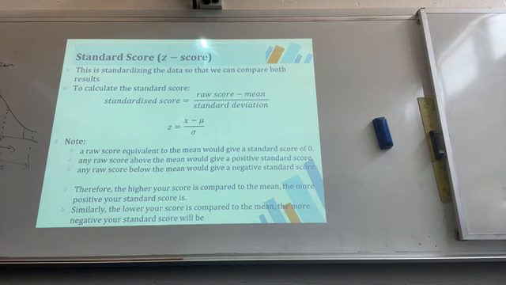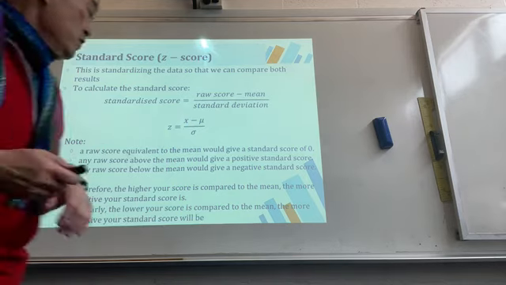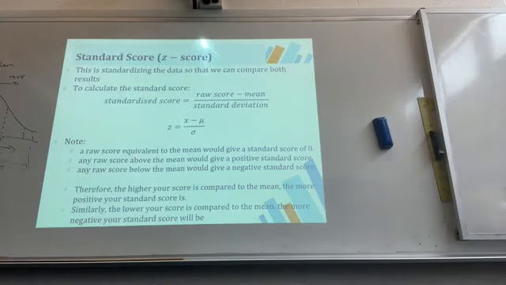A raw score above the mean will give a positive standard score. So from there, that's positive, that is negative. Alright? Any raw score below the mean will give you a negative standard score. Therefore, the higher your score is compared to the mean, the more positive your standard score is.